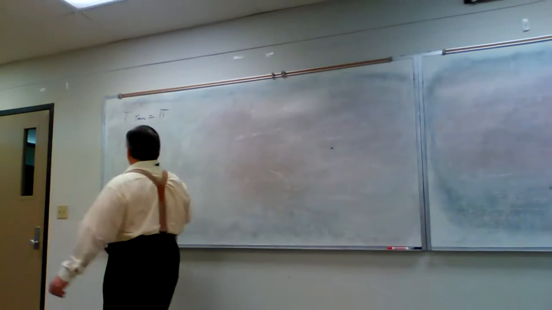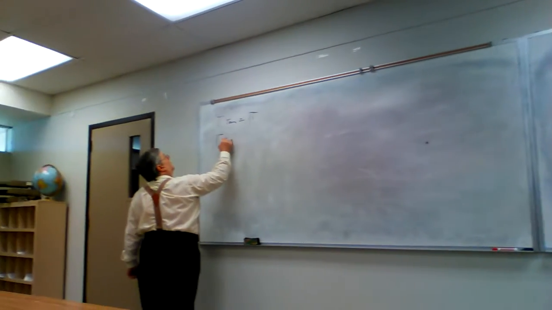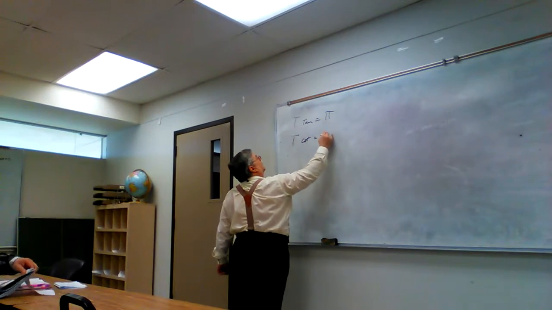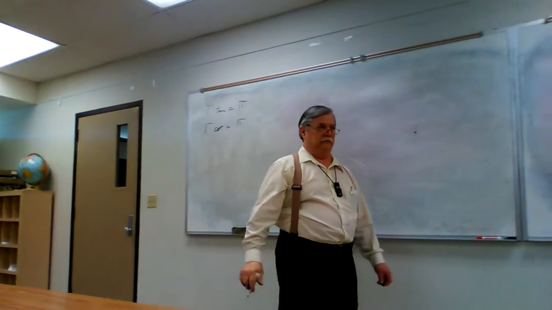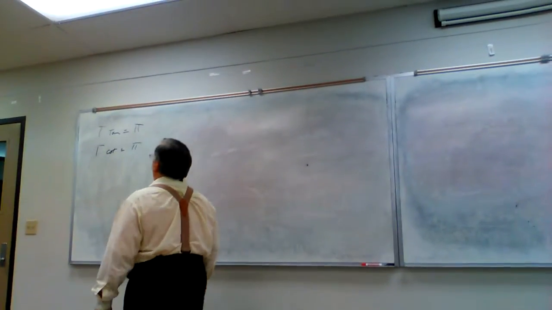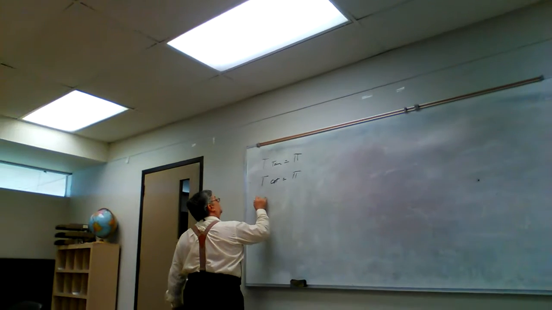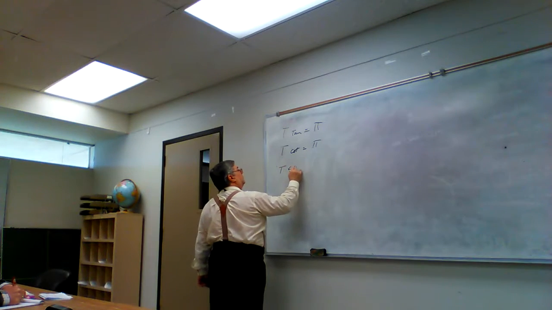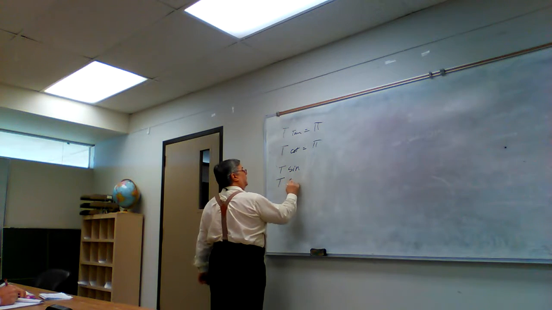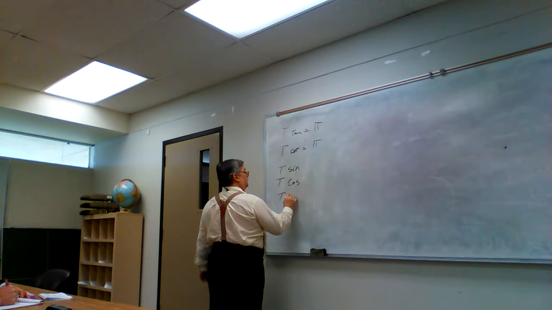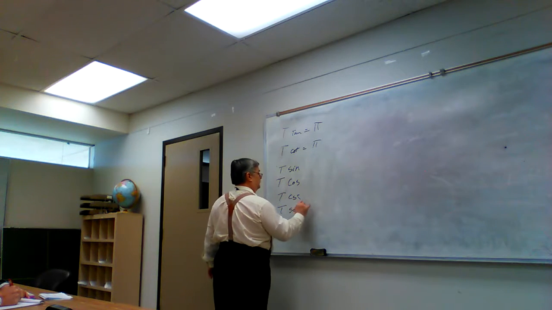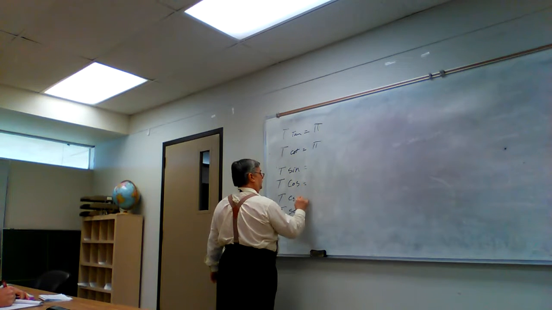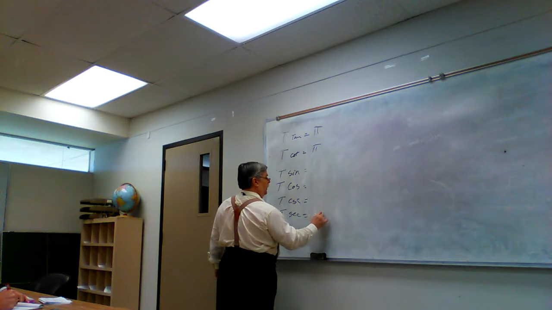The period of cotangent is pi, not 2 pi. The period of sine, period of cosine, cosecant, and secant are all 2 pi.